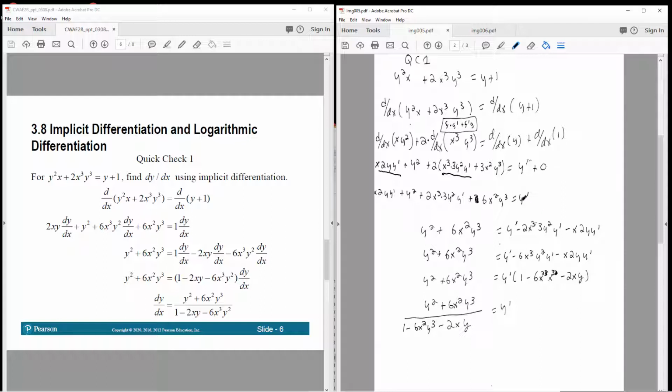I already had a y prime on one side, so that's where that came from. So I've got my y prime terms here. Factor out the y prime term by itself, and then divide. And that's how you approach that one there. And I solved it for dy dx using implicit differentiation.